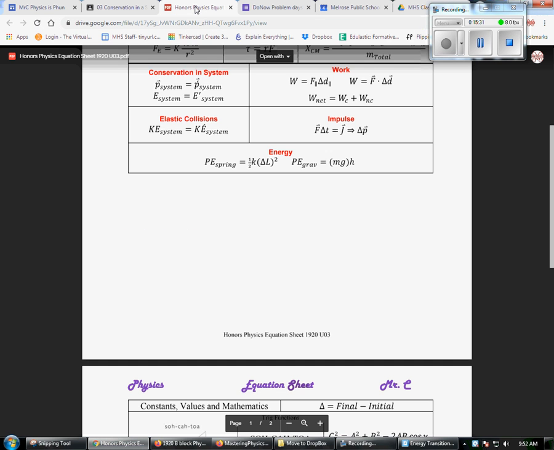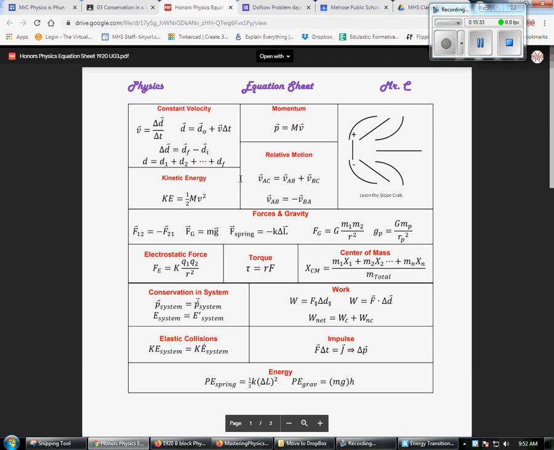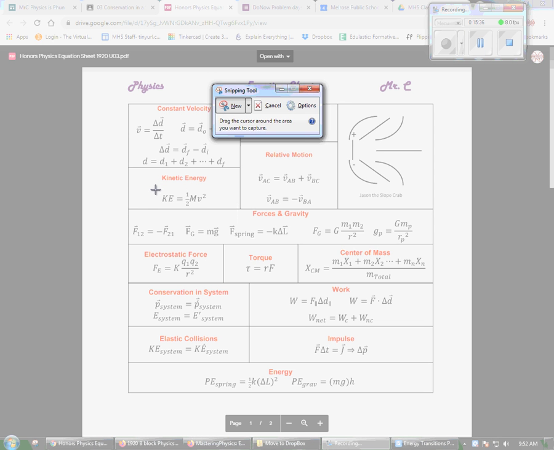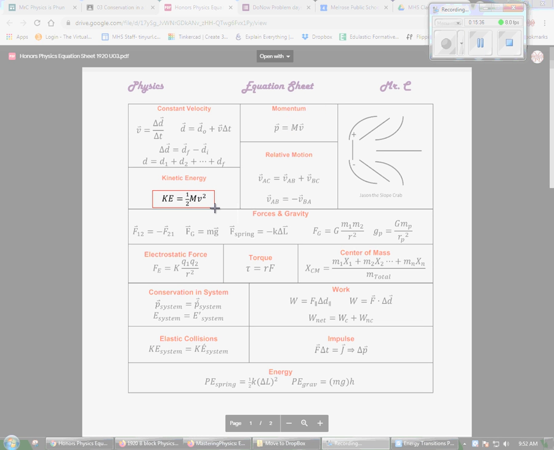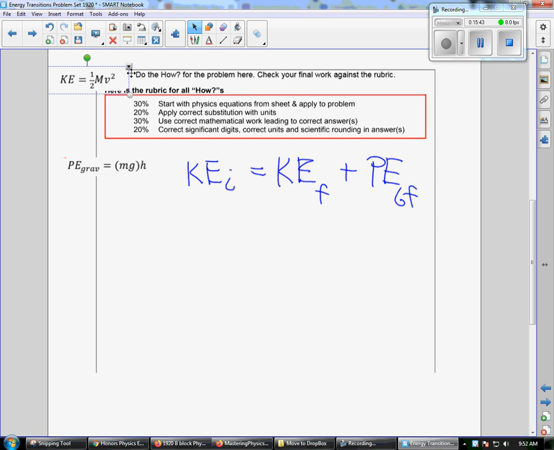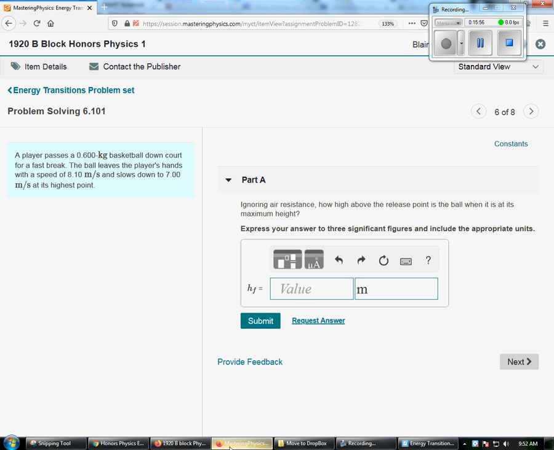And then I need my good old friend kinetic energy. Alright. I'm just going to put the values in my head, so I'm going 0.6, 8, 10, and 7.